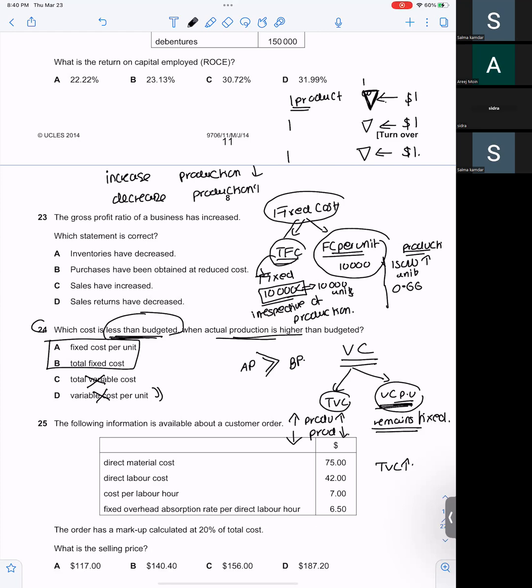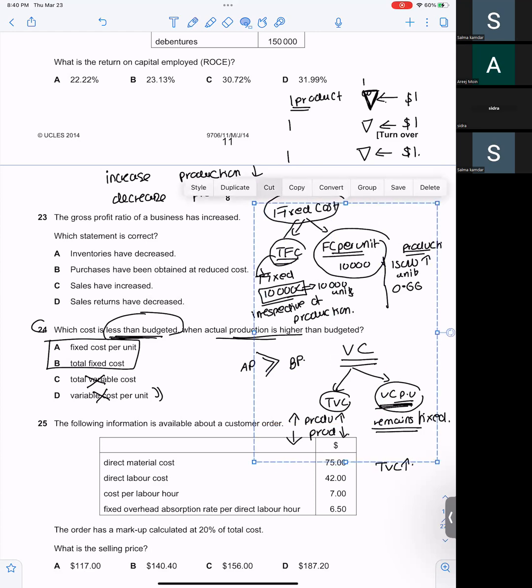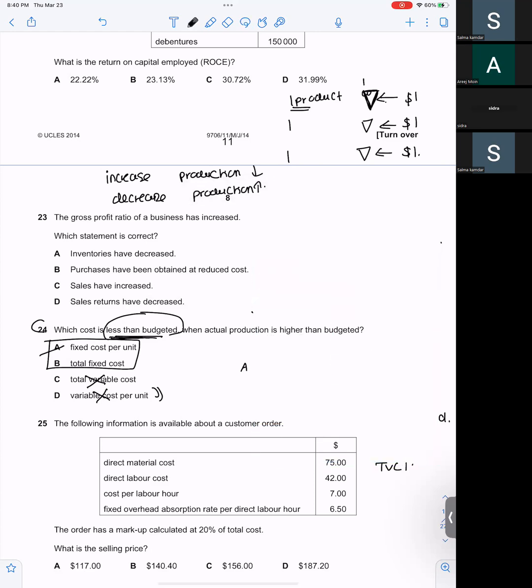Are you with me, Arish? Yes, miss. So now tell me which option you choose, option A or option B? A. So the question is, which cost is less than budgeted if actual production is more than budgeted production? If actual production is more, that means the fixed cost per unit will decrease.